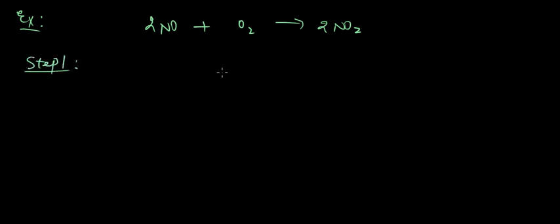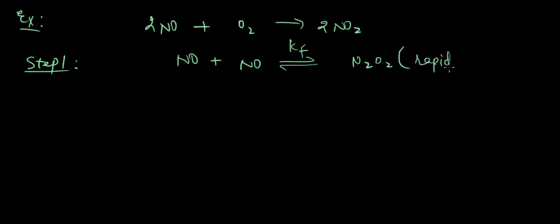Step 1 has NO reacting with NO at Kf, forming N2O2, and this is a rapid reversible step, with Kb as the backward rate constant.